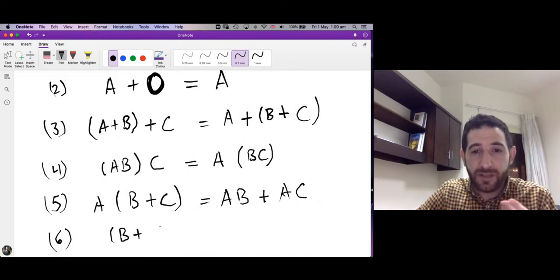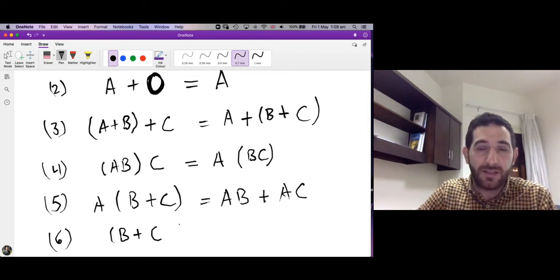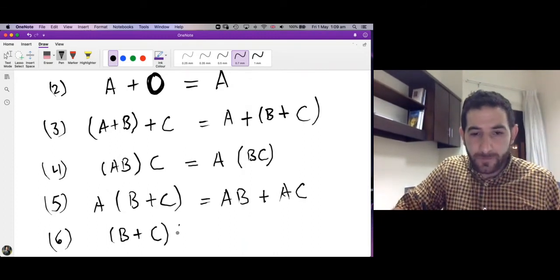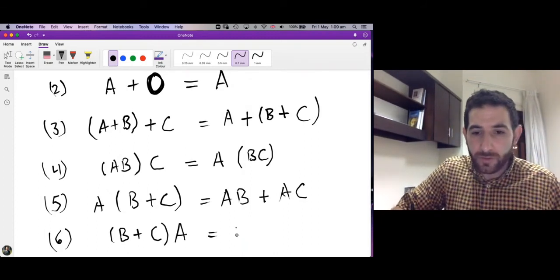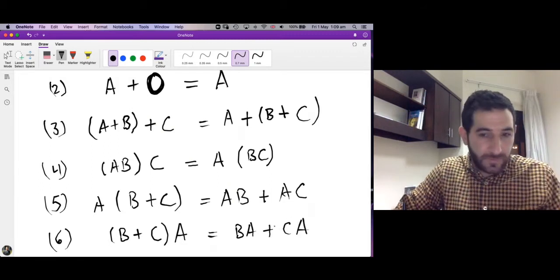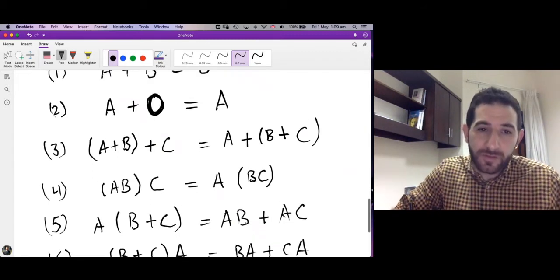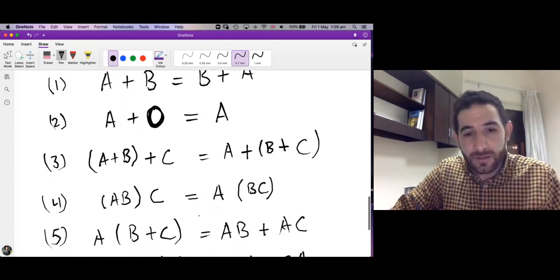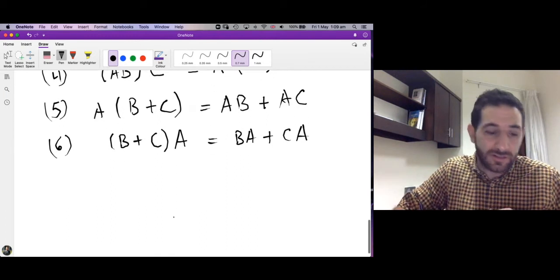Because again, multiplication is not commutative, which means A times B is not necessarily equal to B times A. So if we multiply from the right, we also get BA plus CA. So this is a theorem. You need to prove it using the multiplication definition, the addition definition, and using our notation of matrices.